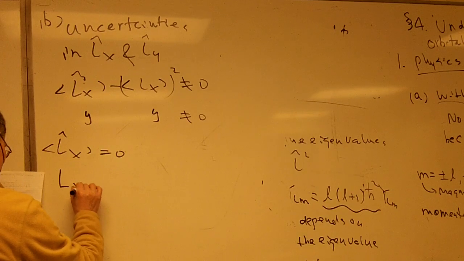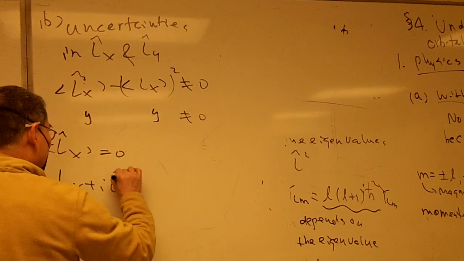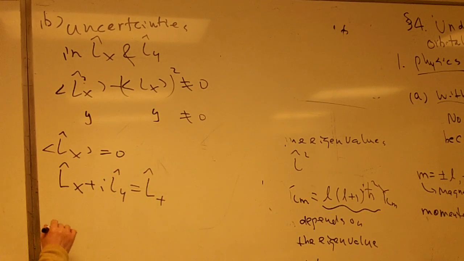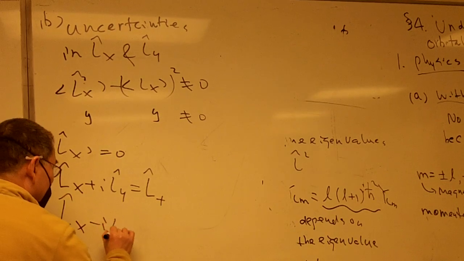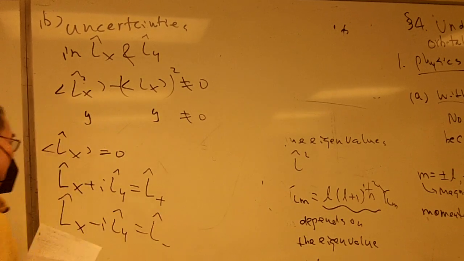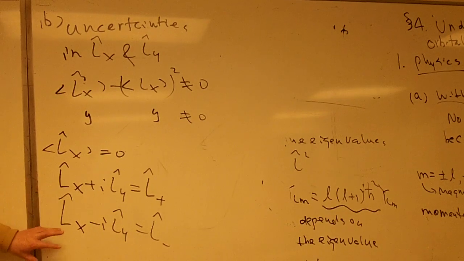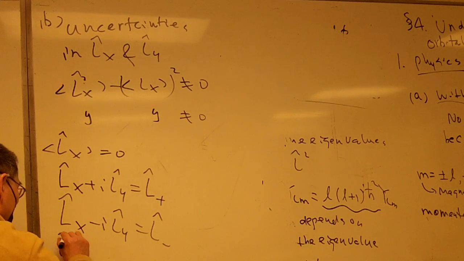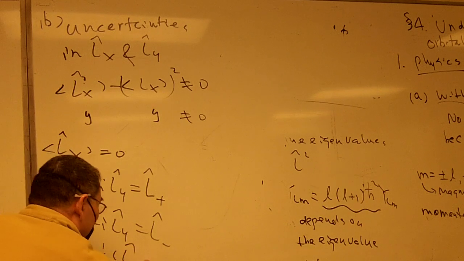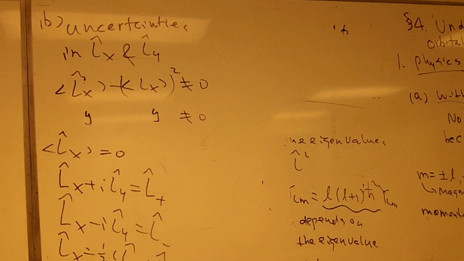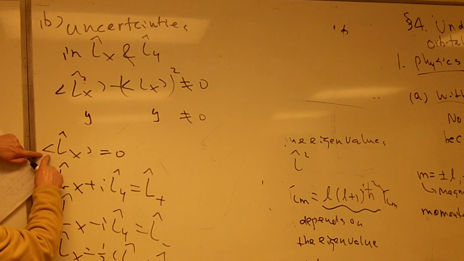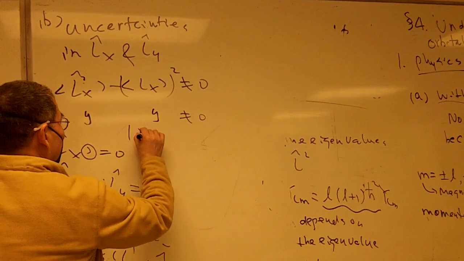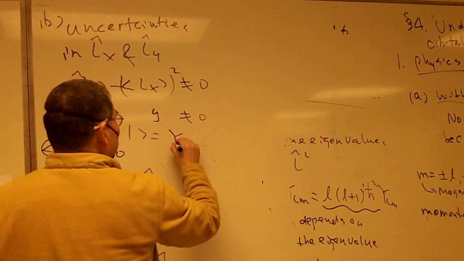So Lx plus i Ly, this is called L plus, and Lx minus i Ly is L minus, like this. Now you see, my Lx is just basically adding these two up and dividing by 2. So this is my Lx equals 1/2 of these. Now if you plug in these operators acting on the states, it's just y.